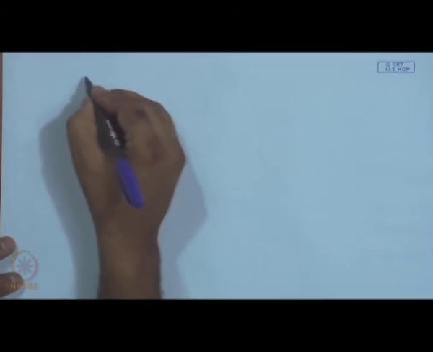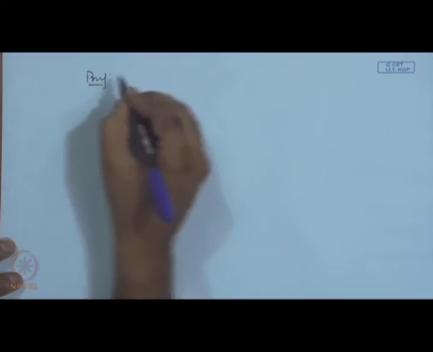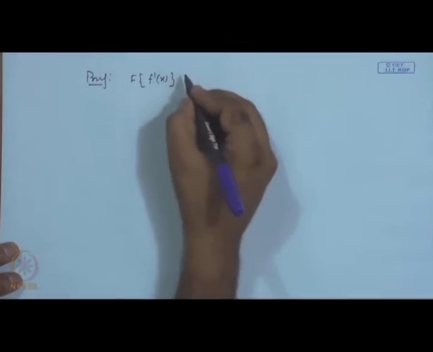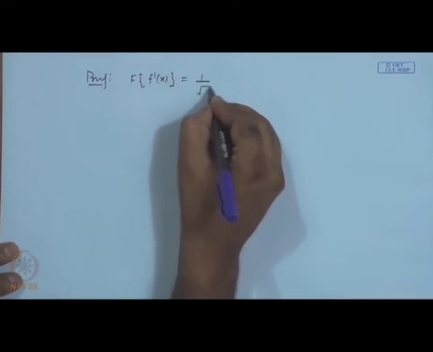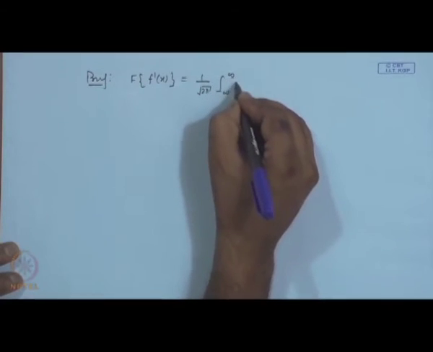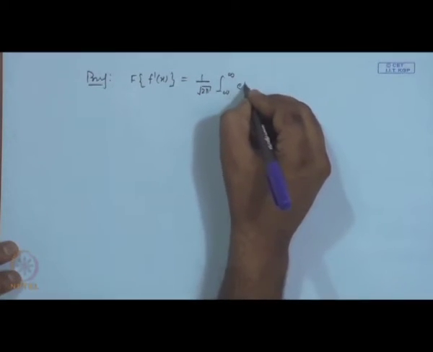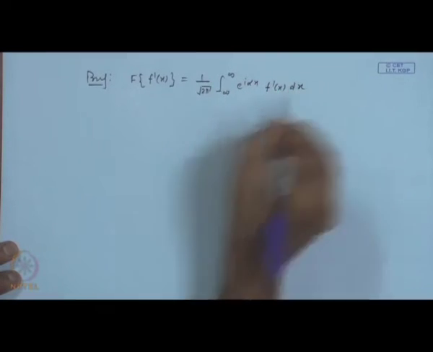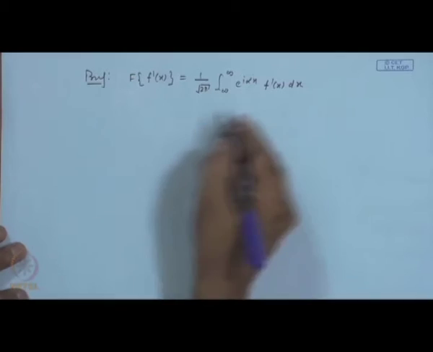So, we go for the proof of this property. The Fourier transform of f prime(x) is 1 over square root 2 pi, integral from minus infinity to plus infinity of e^{i alpha x} times the derivative of f with respect to x.